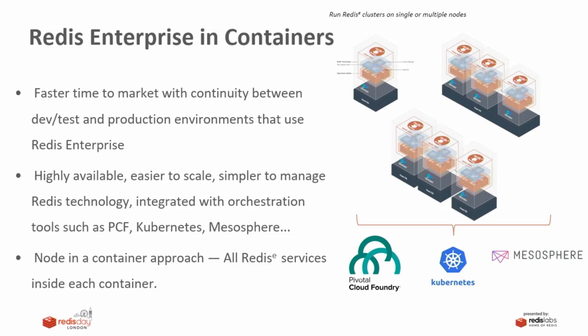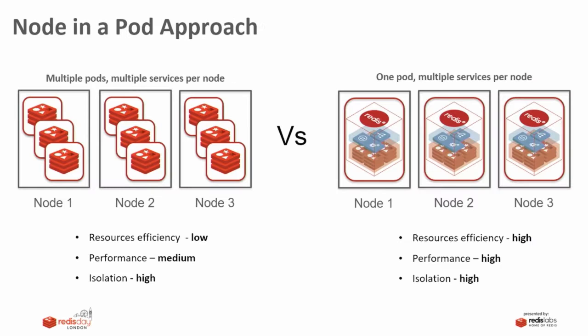And when we containerized Redis Enterprise, we took the node in a container approach, which is far from the common best practice. And I'd like to dig in a bit into why we did things like that. All right. So what we have is a full node inside each and every container. And we did this in order to preserve a couple things.